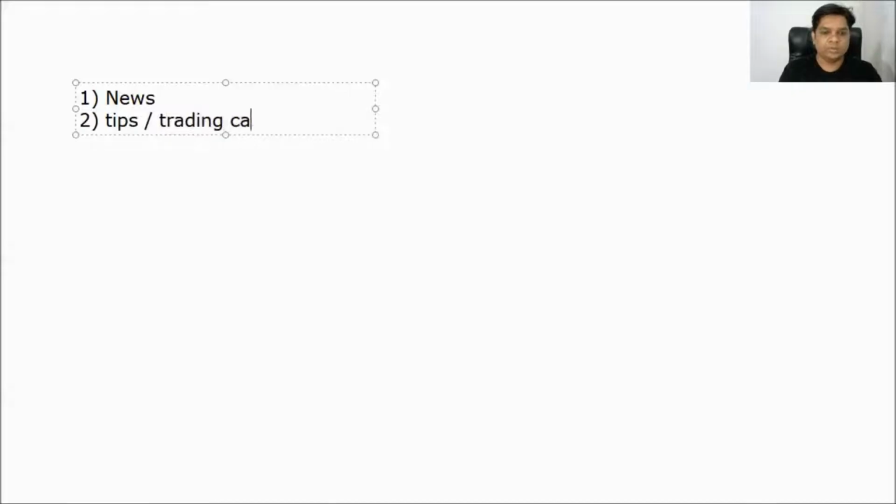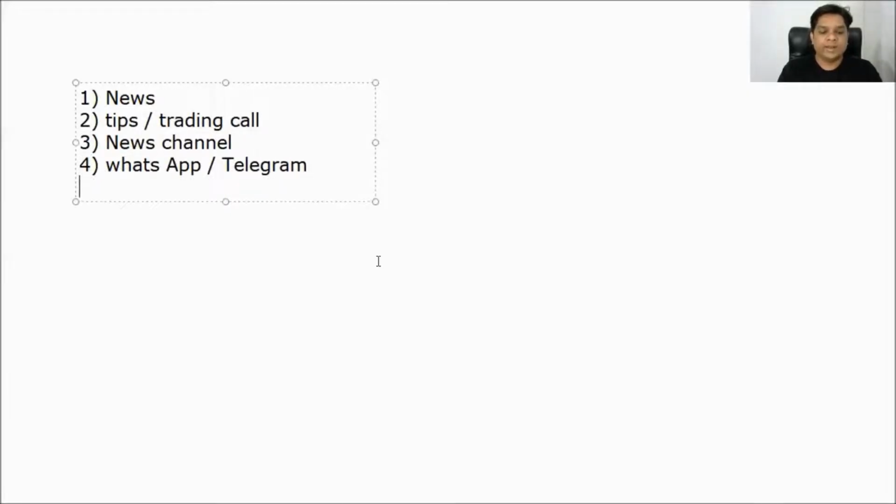As a trader or as a newbie, you trade with the help of news, some kind of tips or trading calls, news channels, nowadays also WhatsApp and Telegram groups. And one more I will add is friend suggestions.